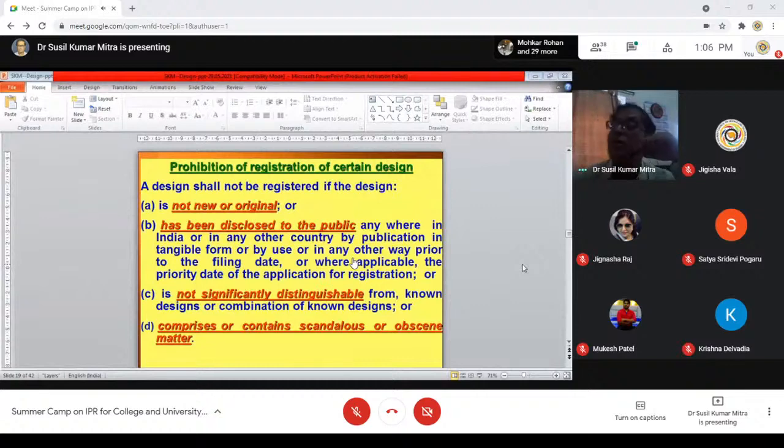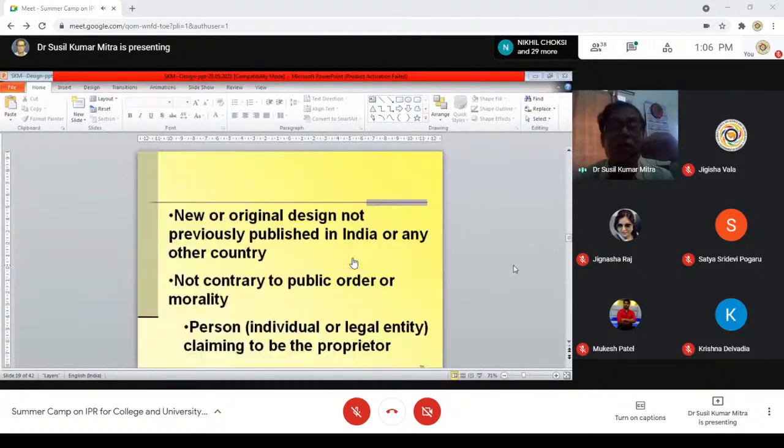Then only your design will be registered. So now, the new or original design, not published in India or any country, not contrary to public order or morality. You cannot go for registration of Ganesh. You cannot go for registration of Mahatma Gandhi. You cannot register Netaji Subhash Chandra Bose or Swami Vivekananda. So it will go against the public order and morality.